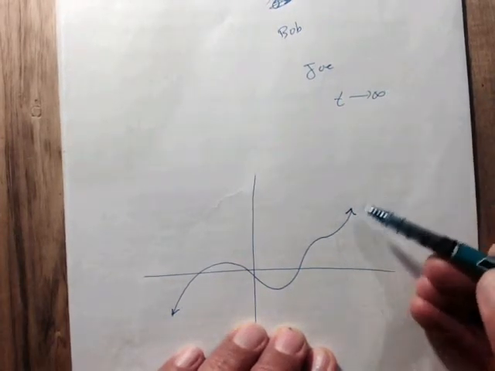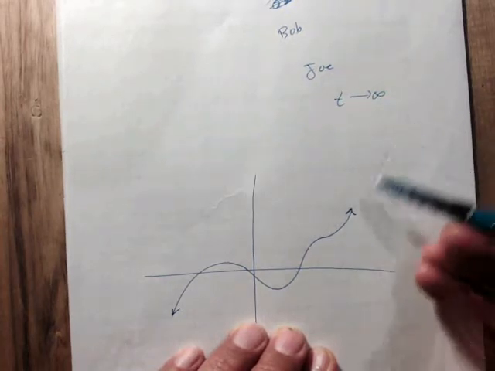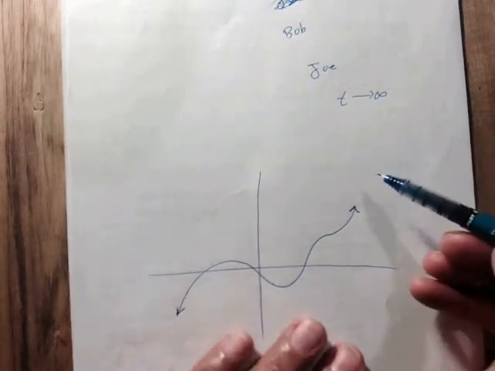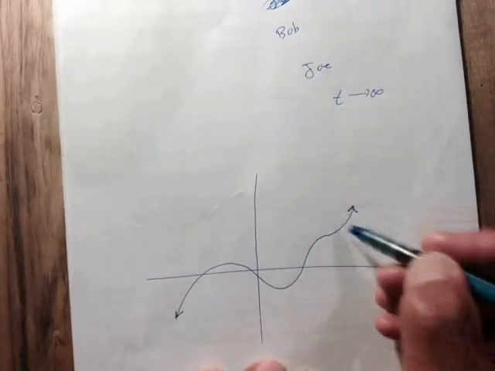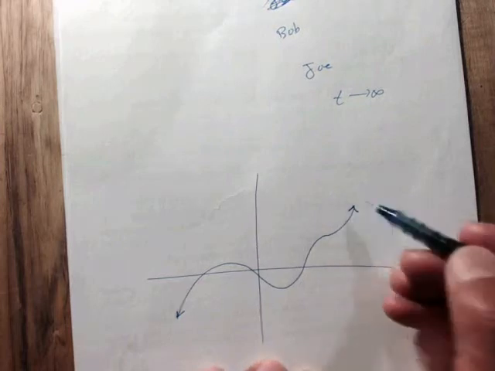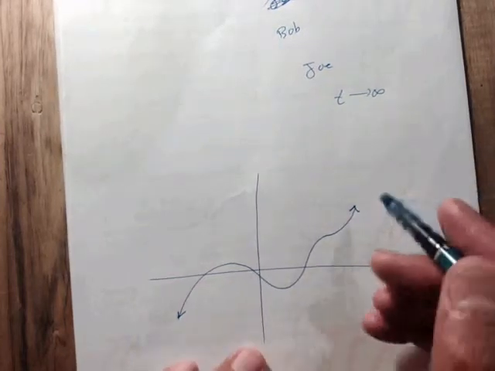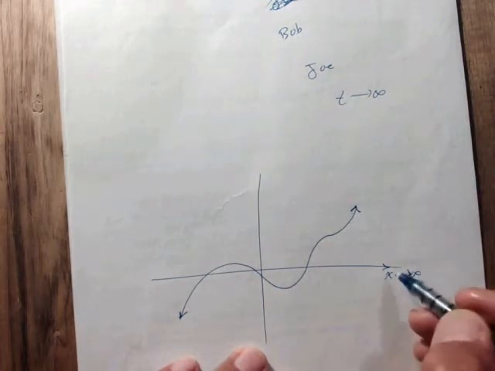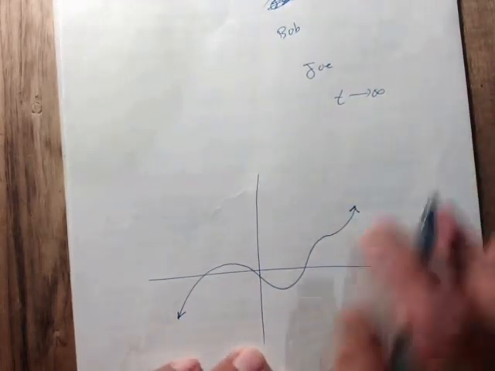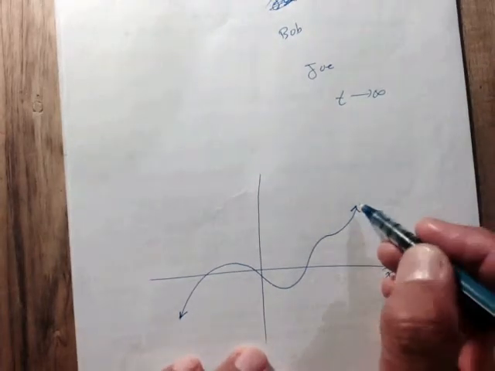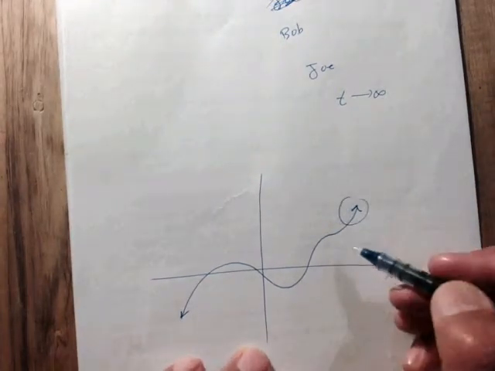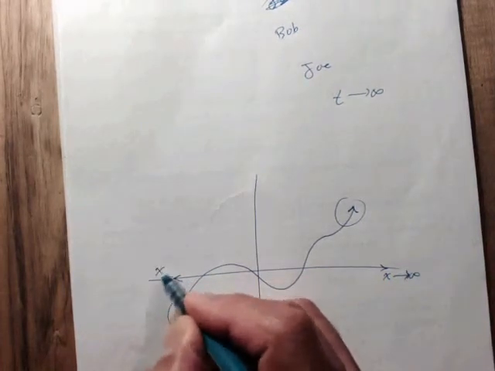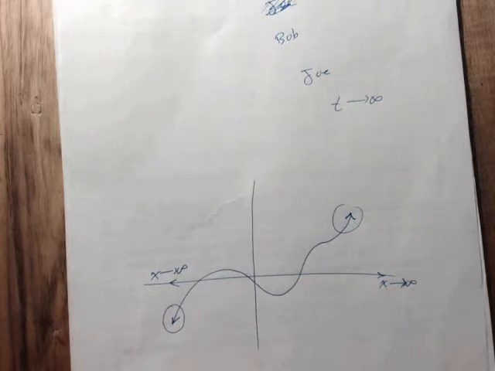I have no idea what happens at infinity, because infinity is not a place I can go and find out what happened to this end of this graph. It doesn't matter how far out you go, this is x going to infinity, still a lot more to go, so you never get to the end. So you really never know what happens to this arm of this function. Or if you go to the left, x going to negative infinity. Okay, so that's the idea.